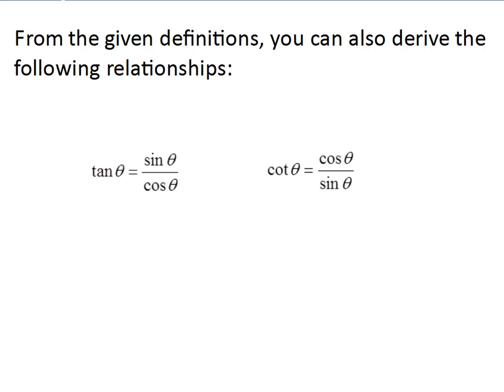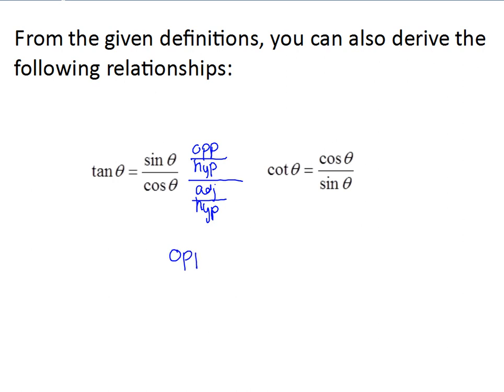Now, we look at sine and cosine. Sine is opposite over hypotenuse. Cosine is adjacent over hypotenuse. Remember, when you have a fraction over a fraction, you flip the second one and you multiply.